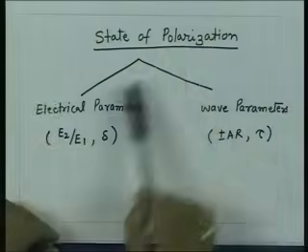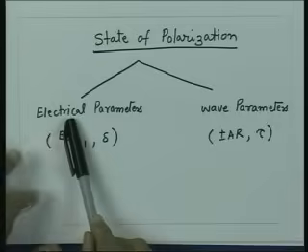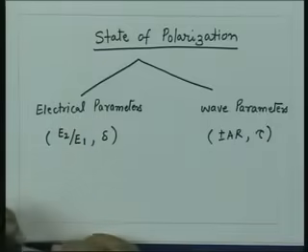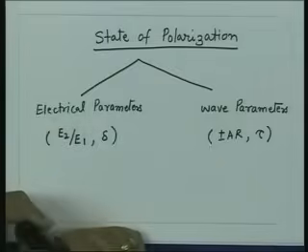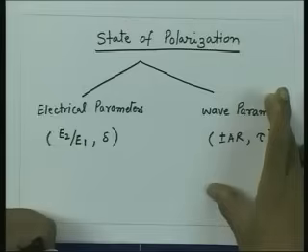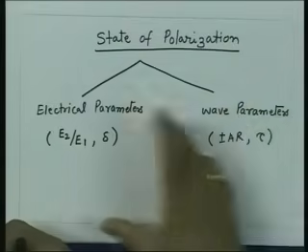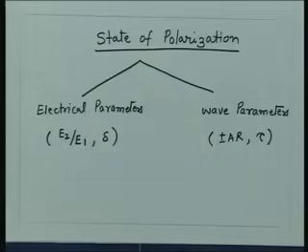Why we require this equivalence between these two, or description of the state of polarization in the two domains, the electrical parameter domain and the wave domain, is for the simple reason that many times we would like to generate a state of polarization and we would like to know what way this polarization should be generated by exciting two electric fields which are horizontally and vertically polarized.